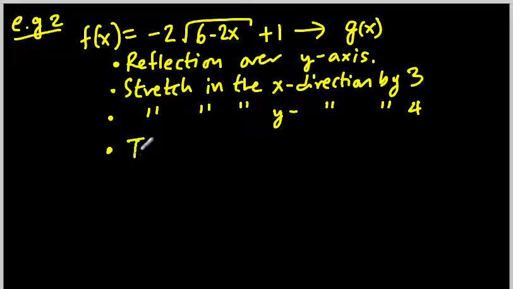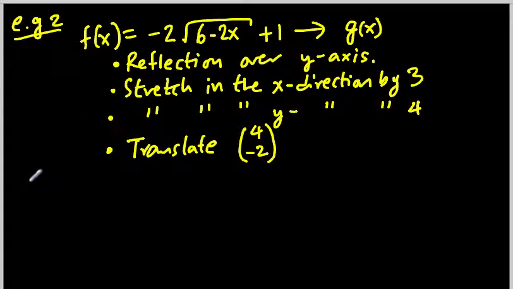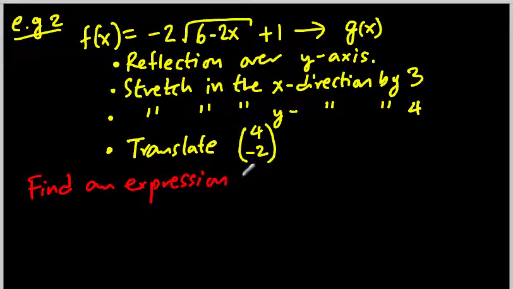And finally, translate by 4 to the right and 2 down. And then the question, as always, is find an expression for g of x. So we're going from f to g, and here's f, which is a non-parent function, and these are the transformations that are going to take us from f to g, and we've got to find an expression for g of x.